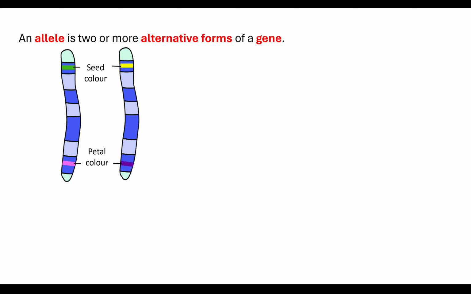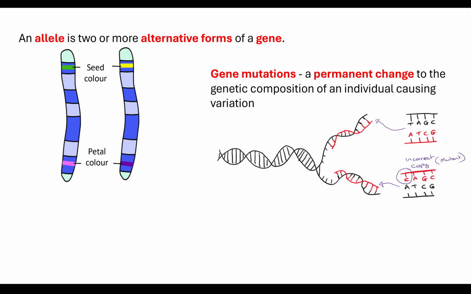If you have a different DNA sequence, an alternative form of the gene, this allele, you are going to produce a different polypeptide, and that different polypeptide is going to produce a different phenotype. So this is one way in which we end up with variation within a population.